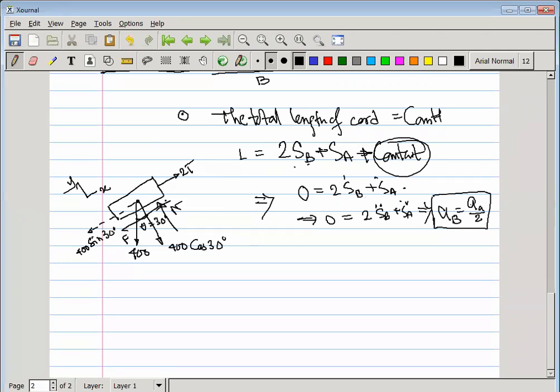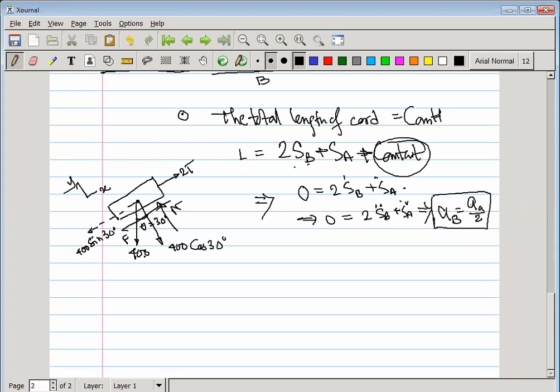Okay, now what we have to do: as per statics, here also we have to apply the equilibrium condition. But remember, when the problem is dynamic, we have to apply D'Alembert's principle.